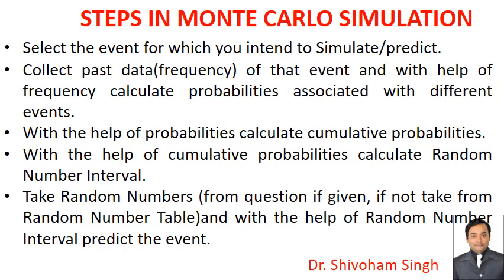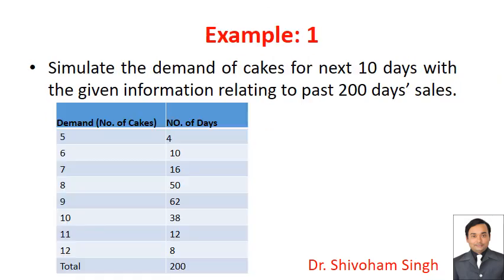With the help of these random numbers, we select the outcome of the event from the random number interval table which we drew at step 4. Nothing to worry. We will discuss all these things with relevant examples.